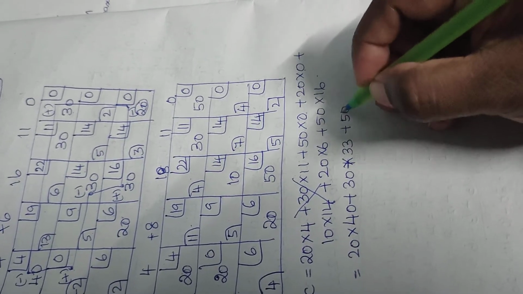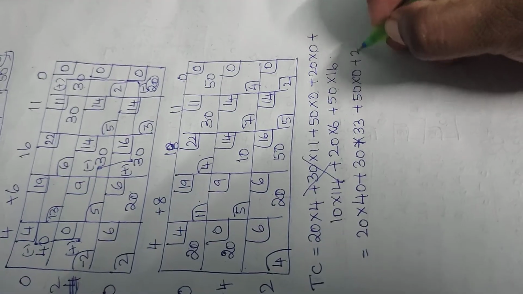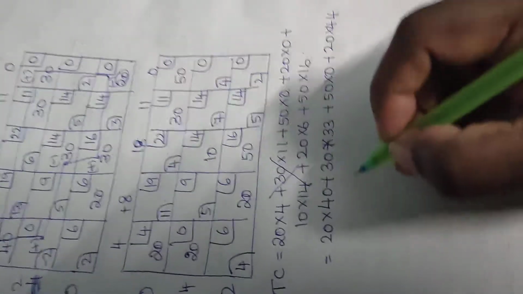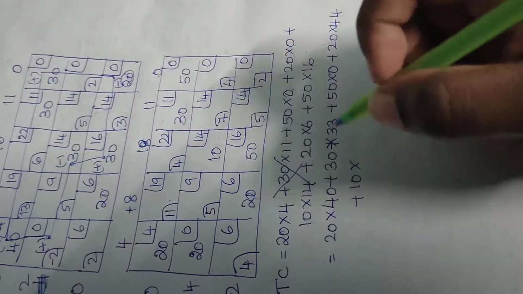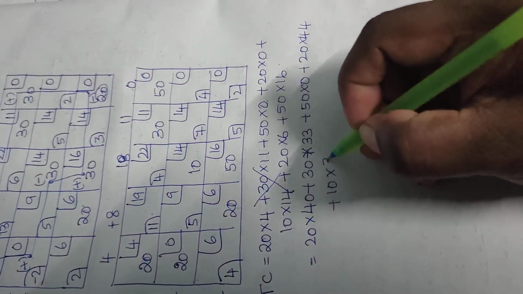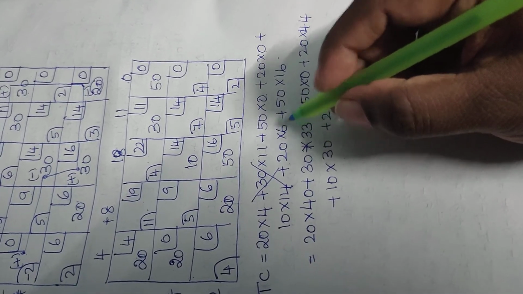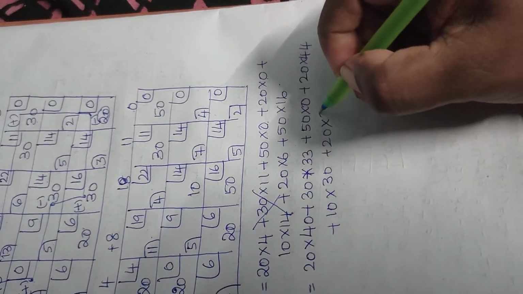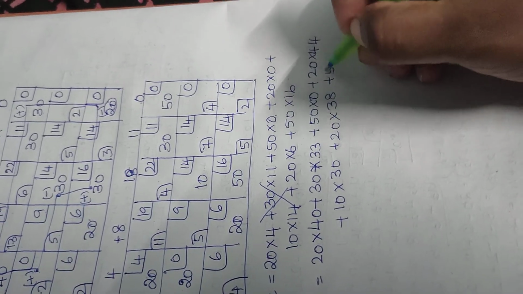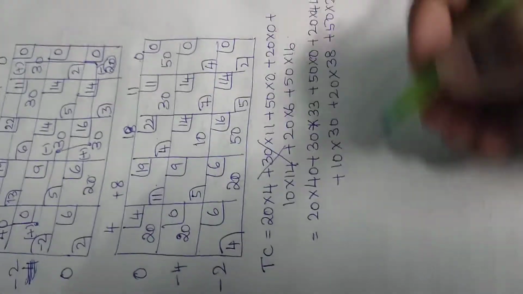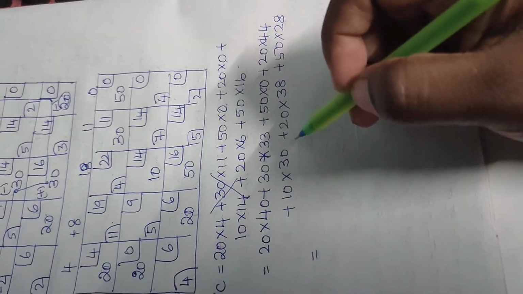The last value is of course just dummy, it's 0. 20 into 44 plus 10 into 14 was here, third column is 30. 20 into this 6, 20 into 6, second column is 38. So you have 38 and 50 into 28. So I'll finish my calculations and meet you.